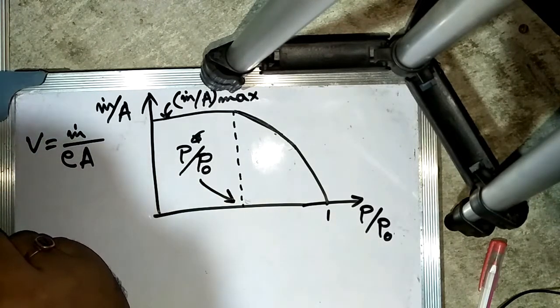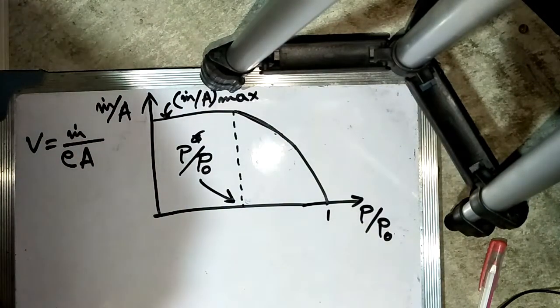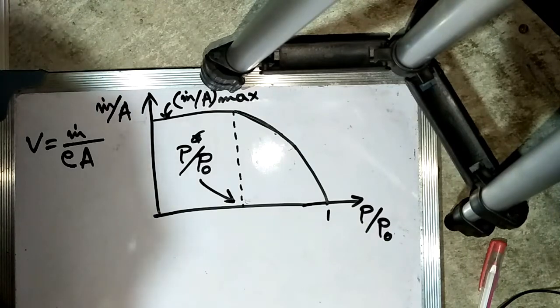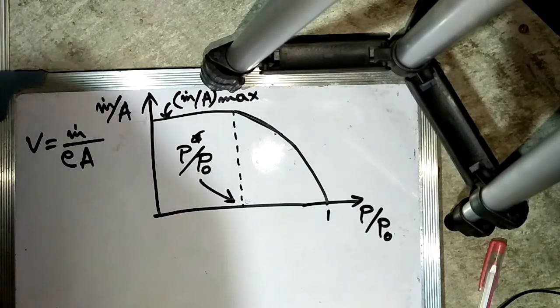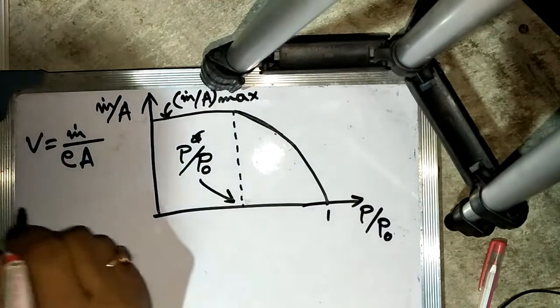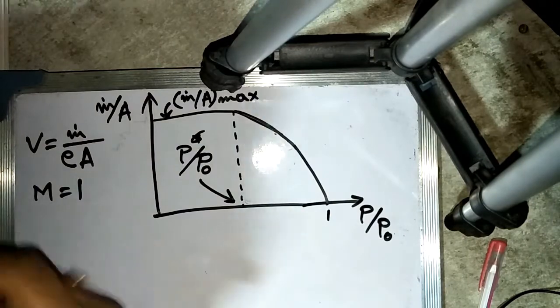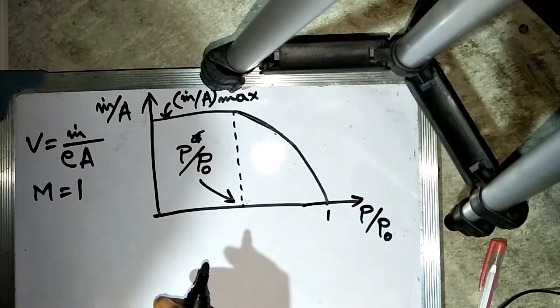Now substituting M equals 1 into the temperature equation, that is the T by T0 equation.